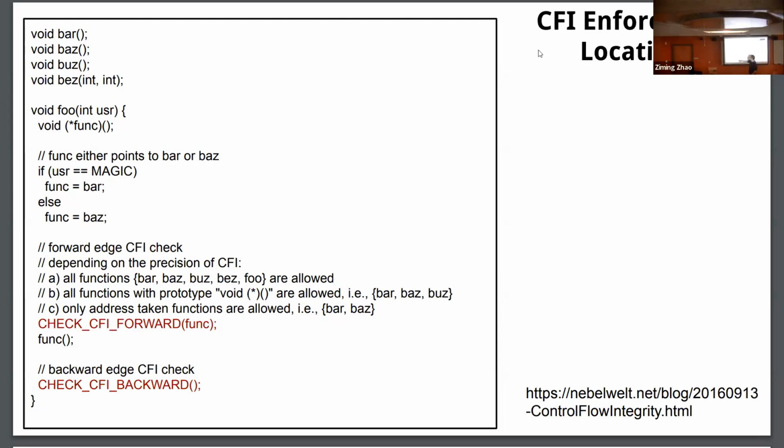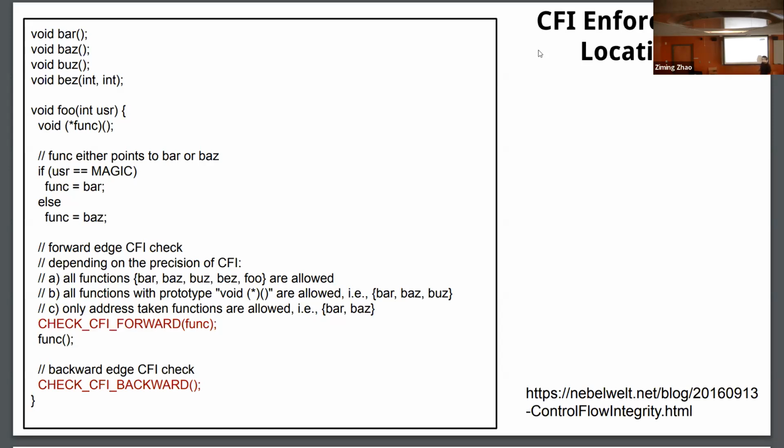But at least you cannot call bass or boost, whatever, right? The problem is this check can be quite expensive computationally, and also getting the set of valid destinations is not that easy at compile time.